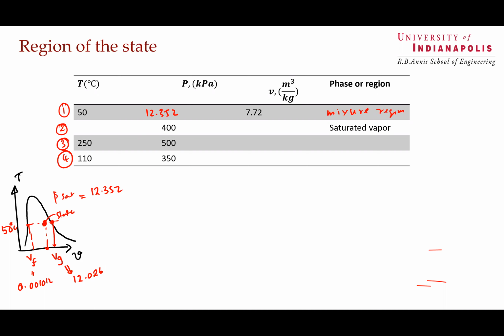So next up, we have 400 degrees Celsius, 400 kilopascal and saturated vapor. This is T-V.